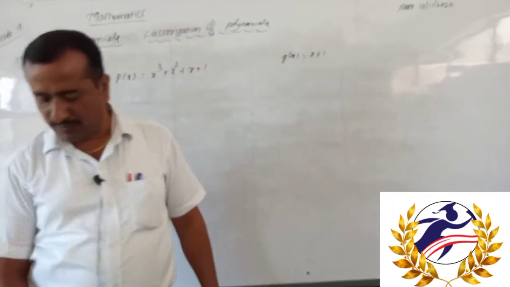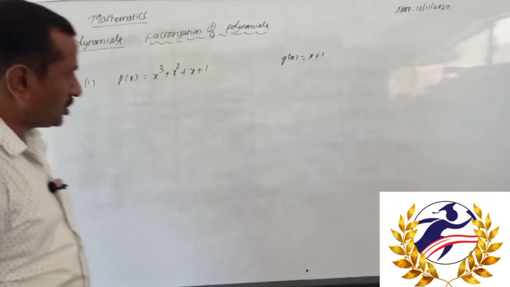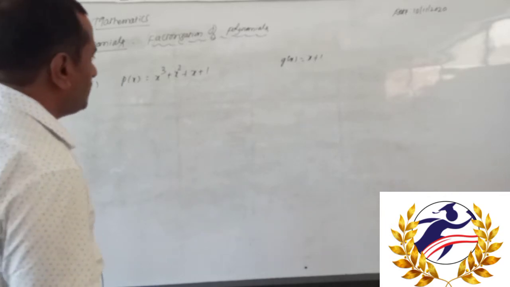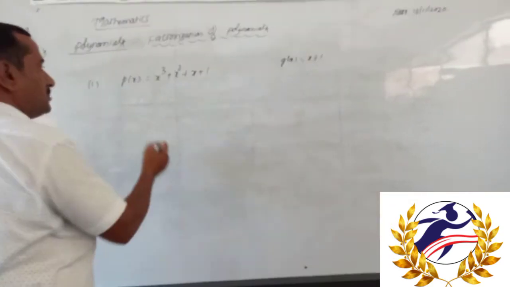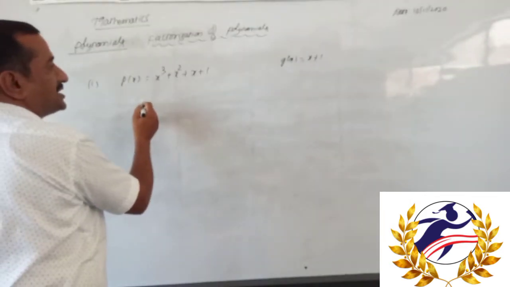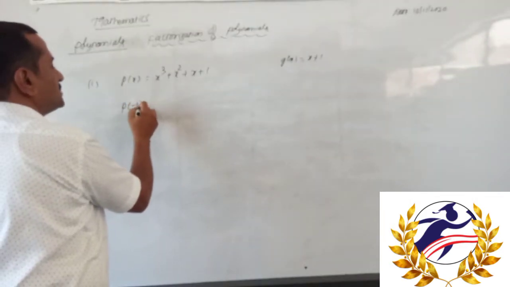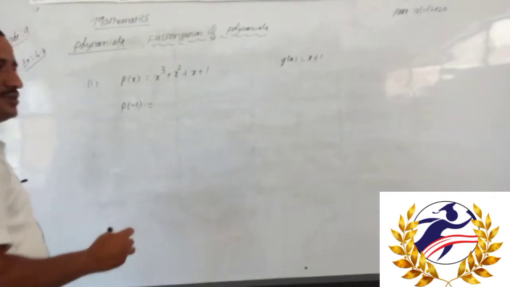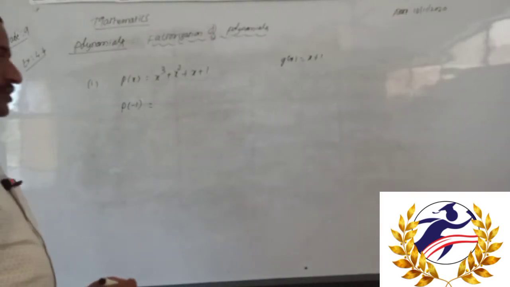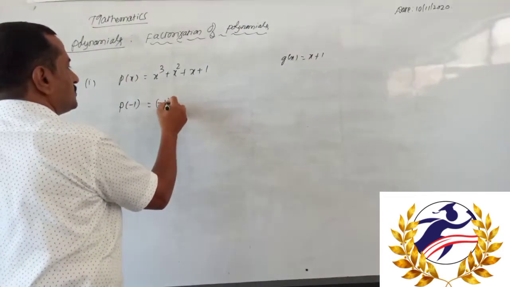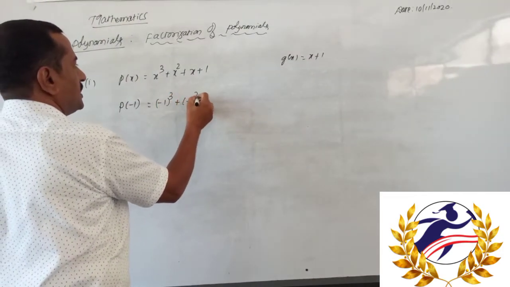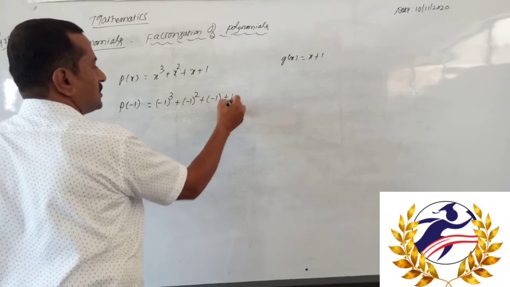In order to verify whether that is a factor or not, since x plus 1 is there, the zero of the polynomial becomes what? Minus 1. So p of minus 1, if you get 0, then it is a factor. If you are not going to get 0, then it is not a factor. Accordingly, minus 1 cube plus minus 1 square plus minus 1 plus 1.